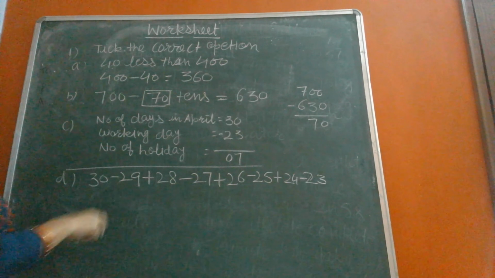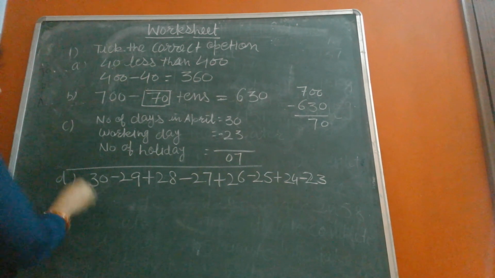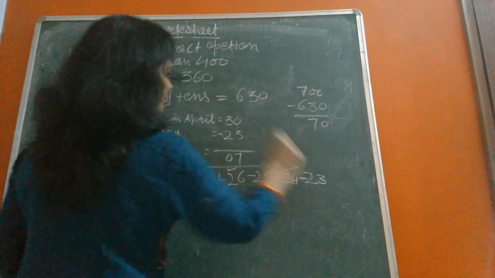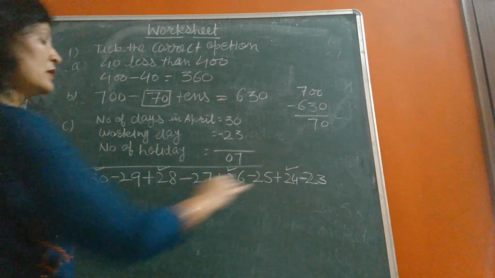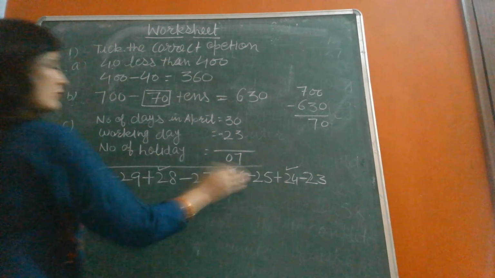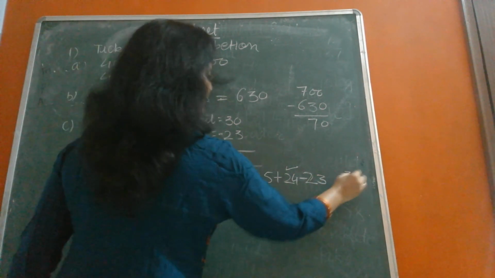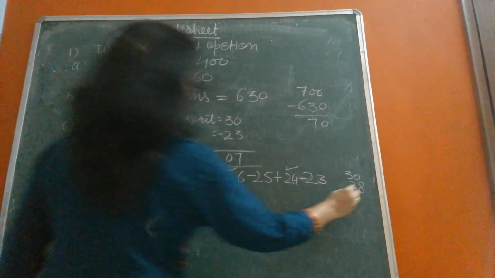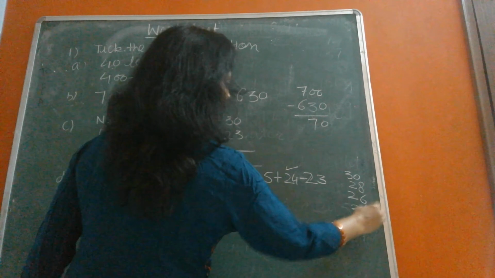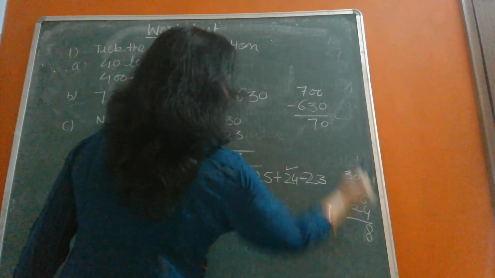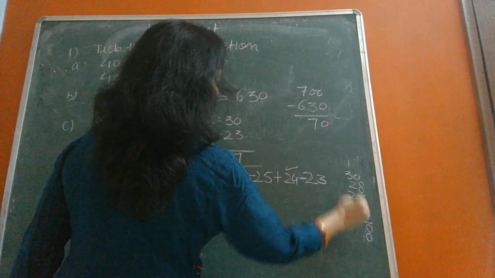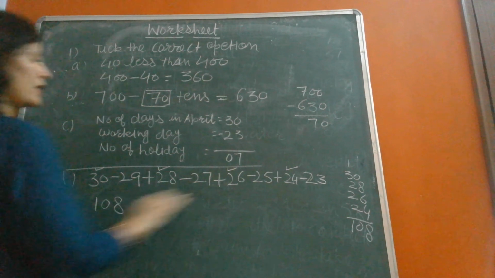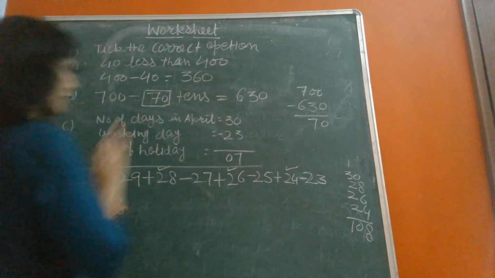Which numbers have a plus sign? 30, 28, 26, 24. These numbers are in addition, so we will add these numbers first. 30, 28, 26 and 24 give 108.